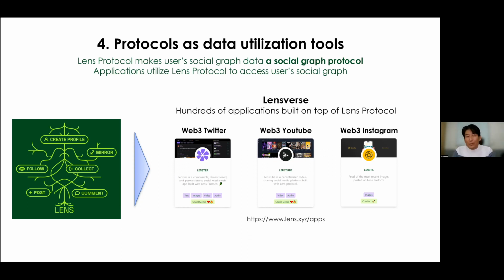But when you launch your social media service on top of Lens protocol, you can leverage existing users of Lens protocol because it has a very low barrier to installing other applications on top of Lens protocol. So it is a very good feature of protocols.